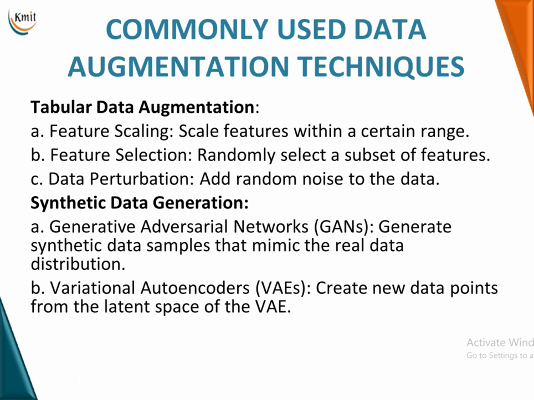We have a dedicated unit 5 based on GANs and VAEs that I'll teach you in detail, but for now you can understand GAN stands for generative adversarial networks, and these generate synthetic data samples that mimic the real data distribution, and VAEs are variational autoencoders, which create new data points from the latent space of the VAE. I'm just stopping here with the definition because we are going to see them in detail when we move on to unit 5.